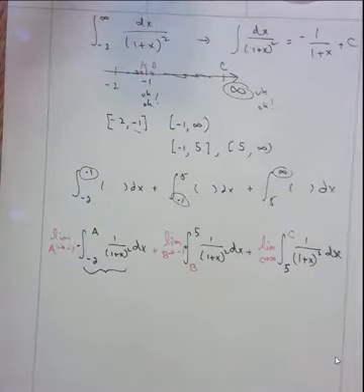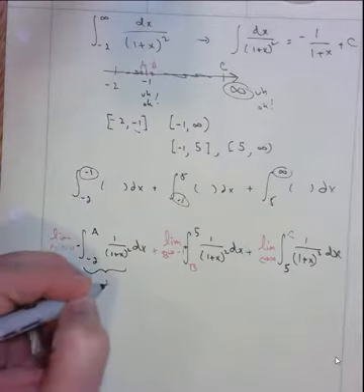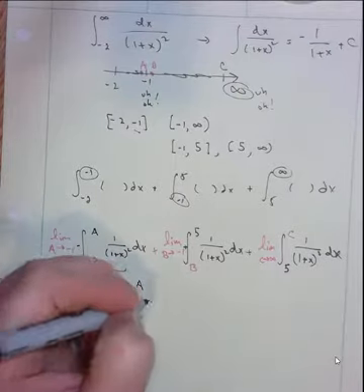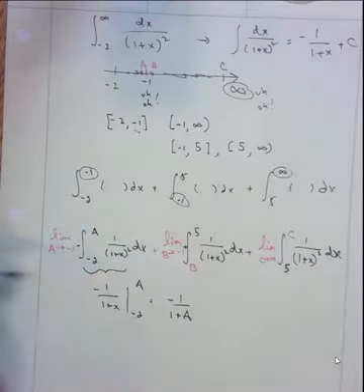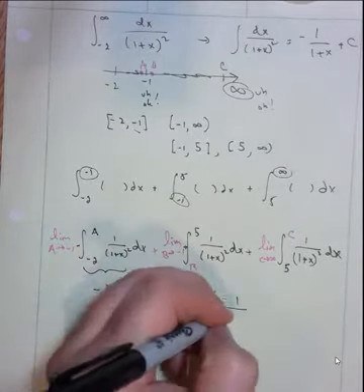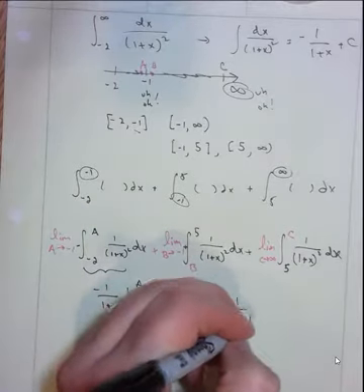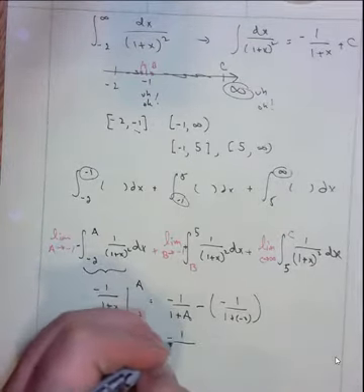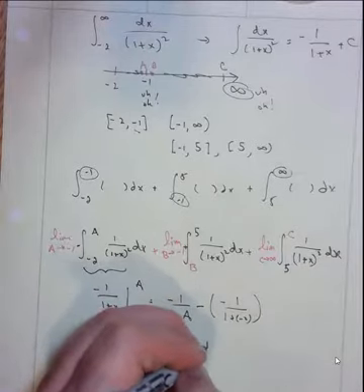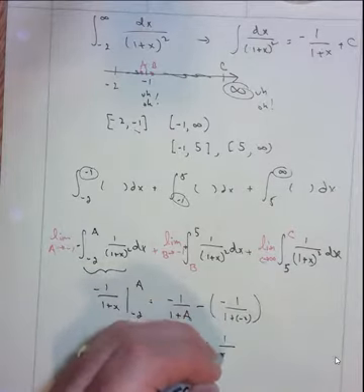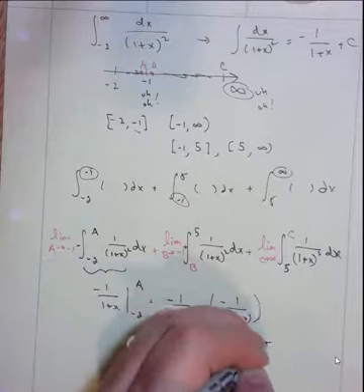This one right here, based on the work we already did, will be -1 over 1 plus x evaluated from -2 to a, which will be -1 over 1 plus a minus -1 over 1 plus -2, which is negative 1 over 1 plus a plus, 2 minus signs makes a plus, 1 over 1 plus negative 2 is negative 1.